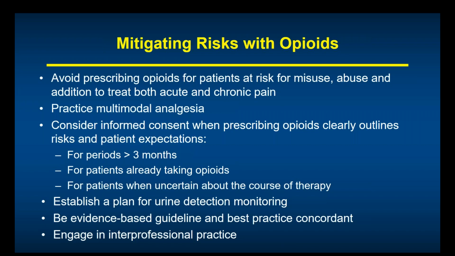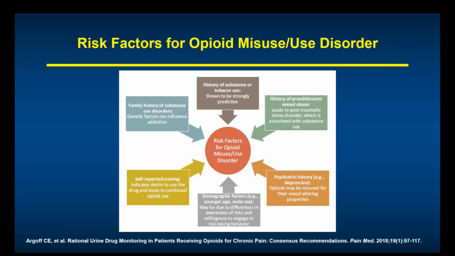Now, risk factors for opioid misuse and use disorder are outlined on this slide, and I think that this is a very comprehensive list of many of the risk factors for misuse and opioid use disorder, which we would frame as addiction, but the more appropriate way of characterizing this is opioid use disorder.